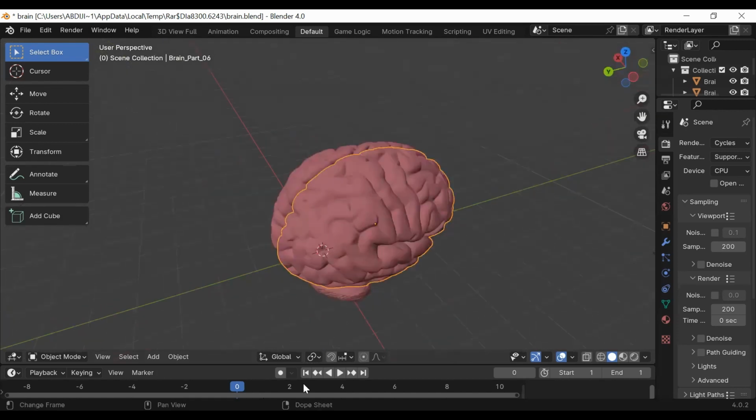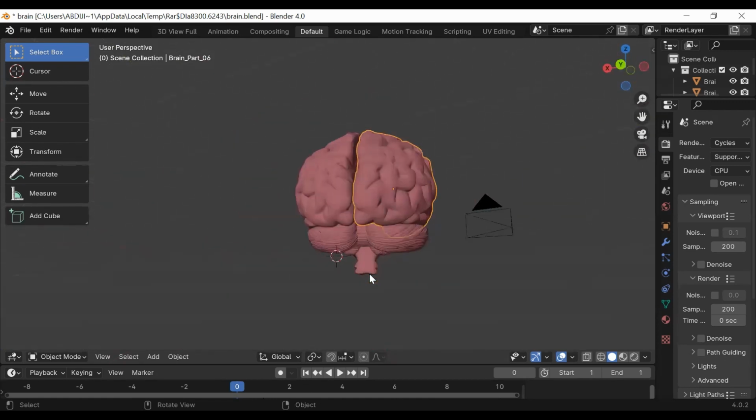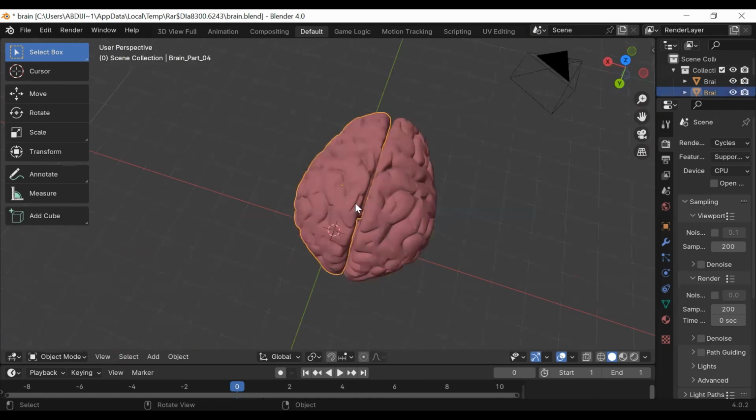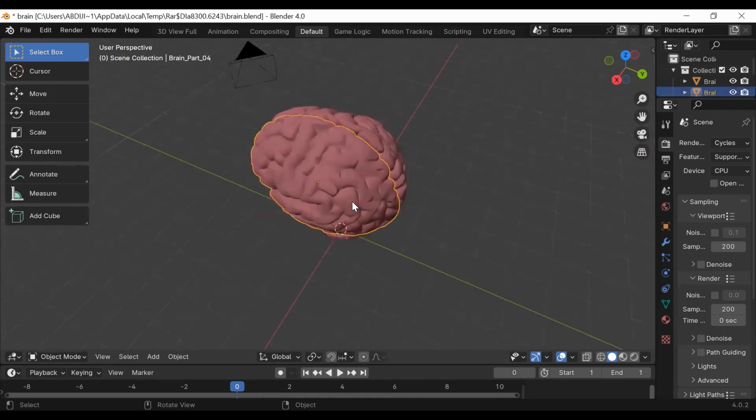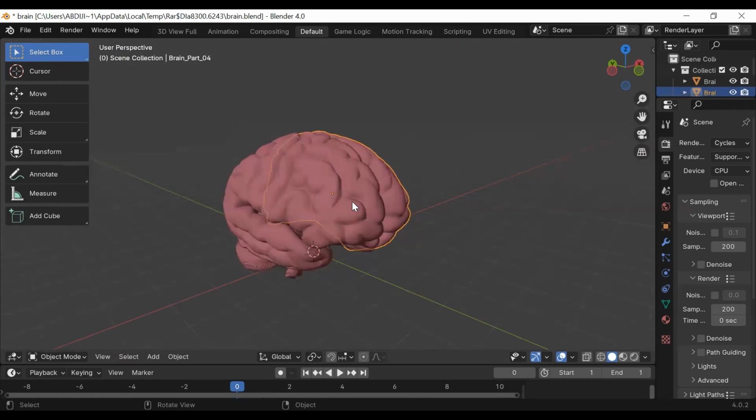Lifestyle factors such as a poor diet and lack of exercise can contribute to cognitive decline and increase the risk of neurodegenerative disease. Overall, the brain is crucial for human existence, influencing physical health, mental well-being, and cognitive abilities.